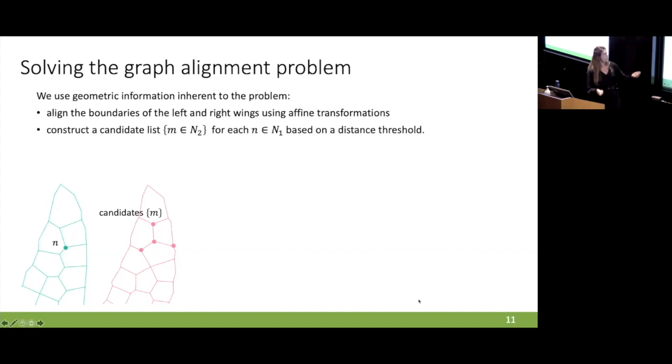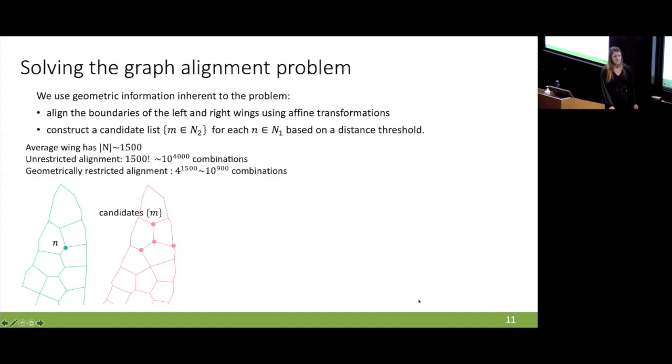So for each node in the first graph, we can construct a candidate list of nodes in the second graph and know that in the mapping, this node needs to be mapped to one of those. And already this has reduced the combinatorics significantly. So in a wing of about 1,500 nodes, if you have unrestricted alignment, so any node can map to any other node, that's 1,500 factorial, so that's about 10 to the 4,000 combinations.